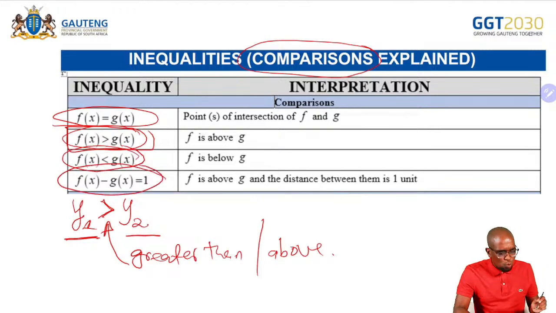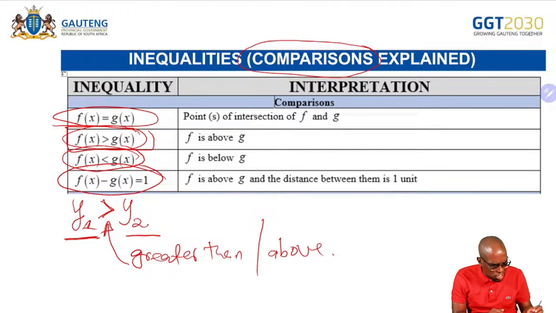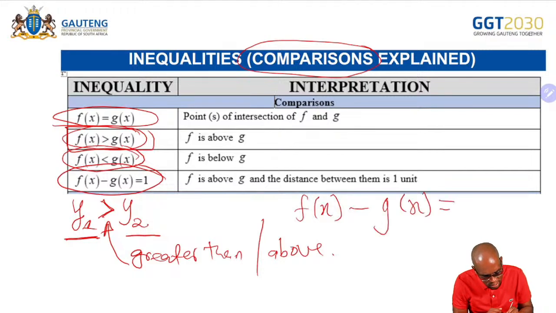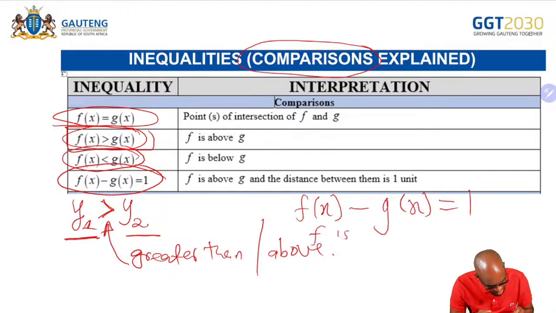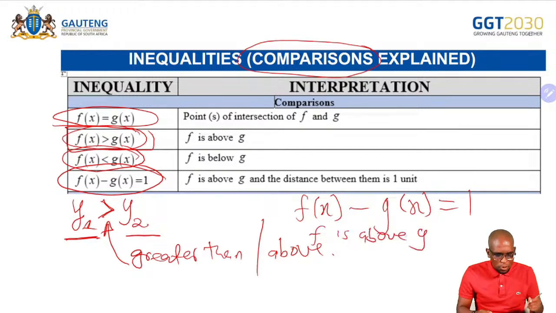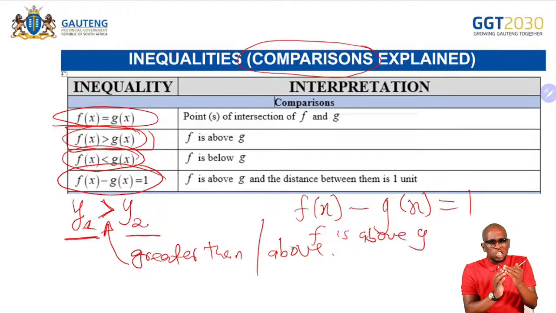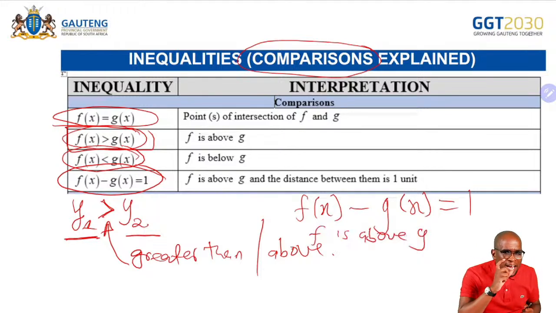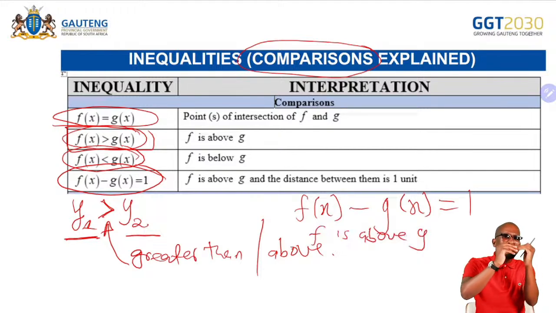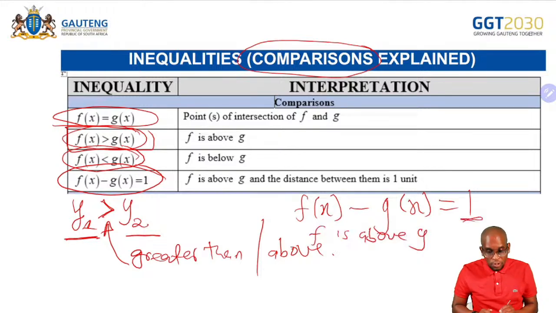Now here we are going to locate a region. This one is very, very important. F of x minus g of x is equal to 1. We are going to locate a region in space or a point on the graphs where f is above g, because it's f minus g, and the vertical distance between f and g is 1 unit.